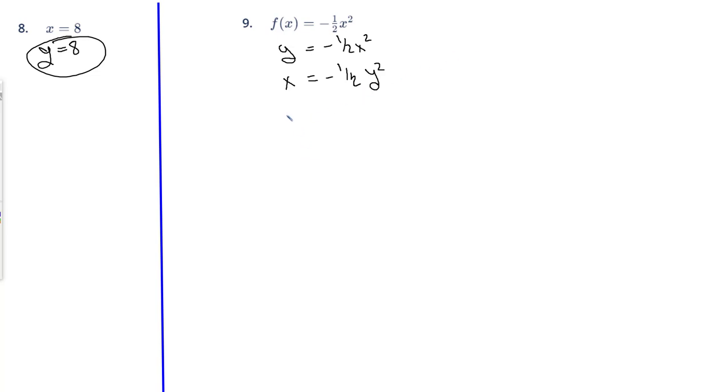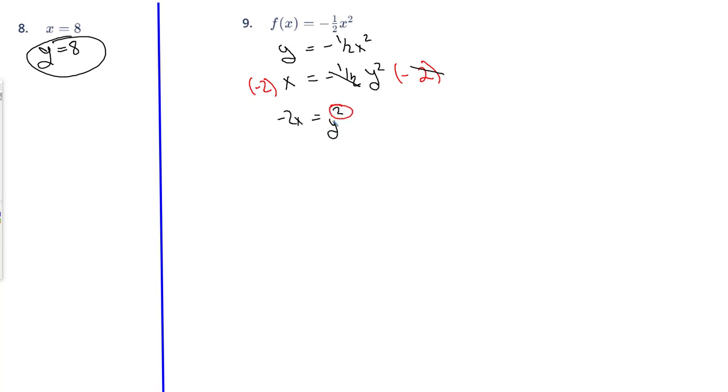That gets you partial credit. Now I need to get y by itself, so I need to multiply both sides by -2. And so I have -2x is equal to, those would cancel, y squared.